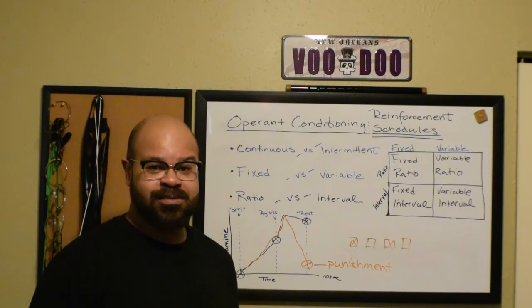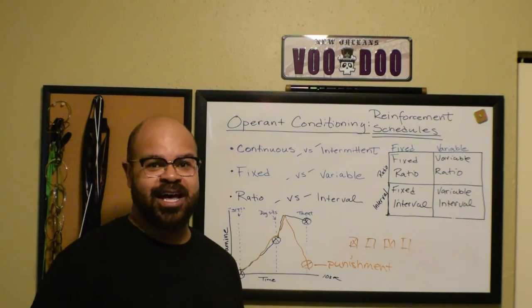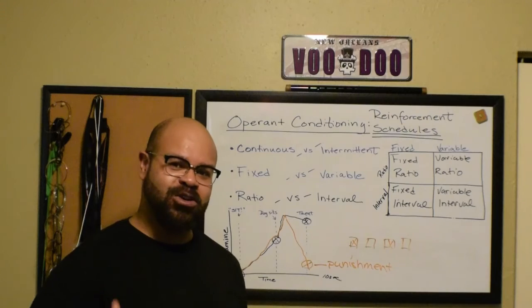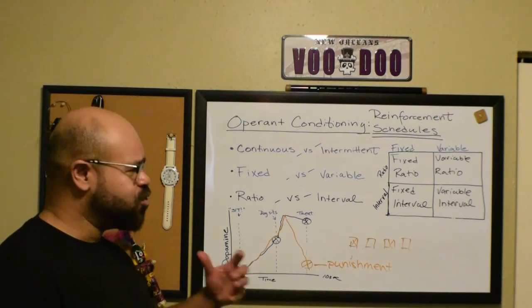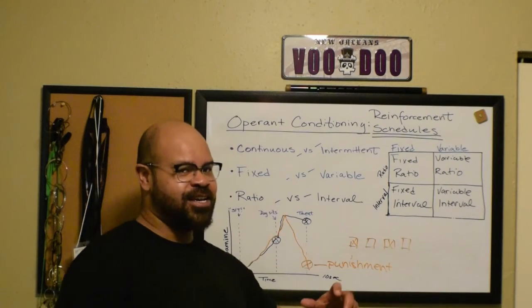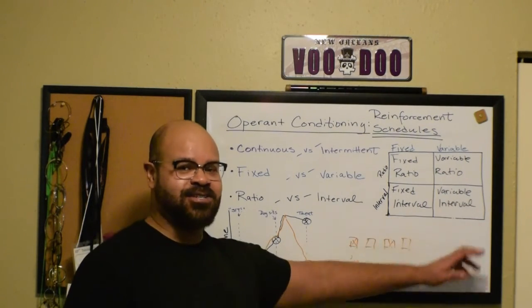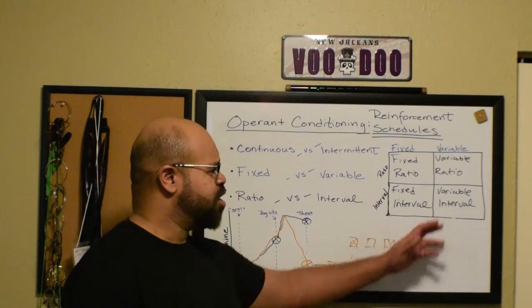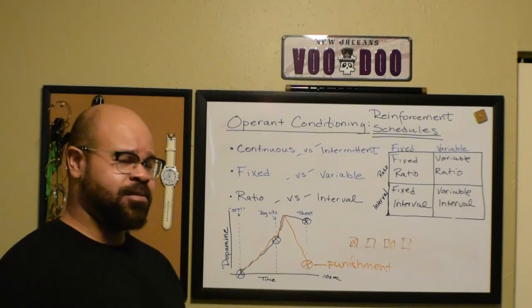He knows if I clean my room twice today, Dad will give me some money, or if I clean it three times. He knows the schedule, he knows the ratio, and he just needs to perform the behavior. What I'm really interested in is him keeping it clean, this kind of vigilance, this maintenance of his room. And so this schedule, again, turns out to be the best one for maintenance.